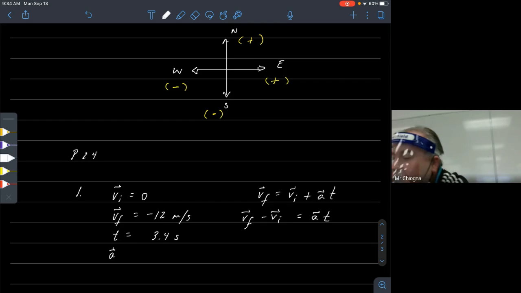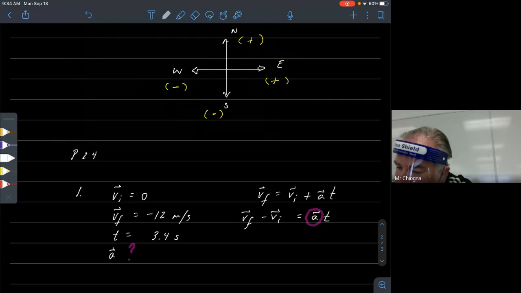I subtracted VI from the right and from the left. I get that. I'm trying to solve for my acceleration. That's my unknown. Okay, so the next step then is to divide both sides by the time.